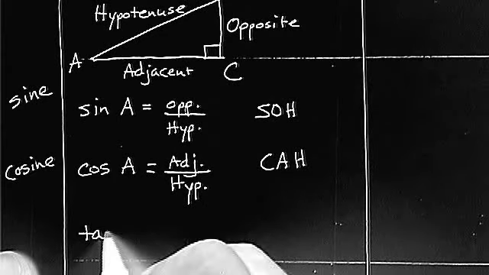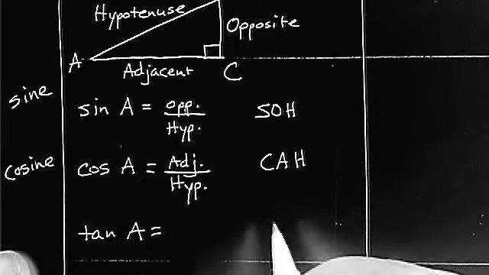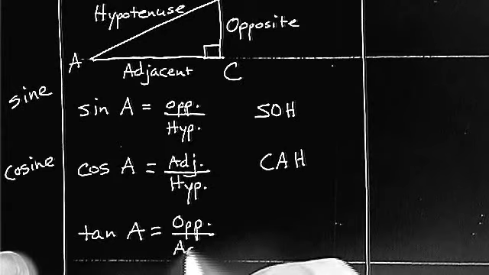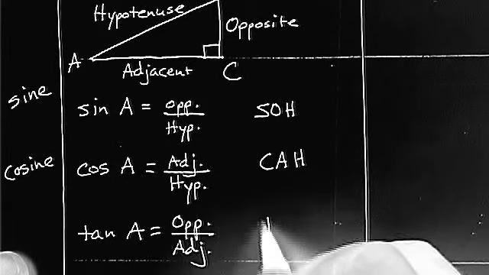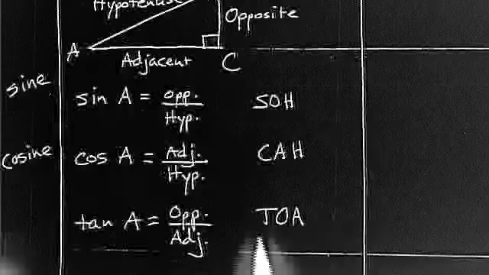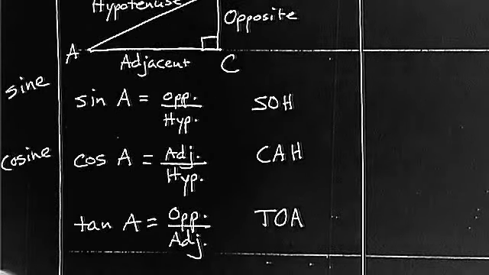And the last of the three main trig ratios is the opposite divided by the adjacent. Okay, so you can see that we're going to abbreviate that. Tangent is opposite over adjacent.